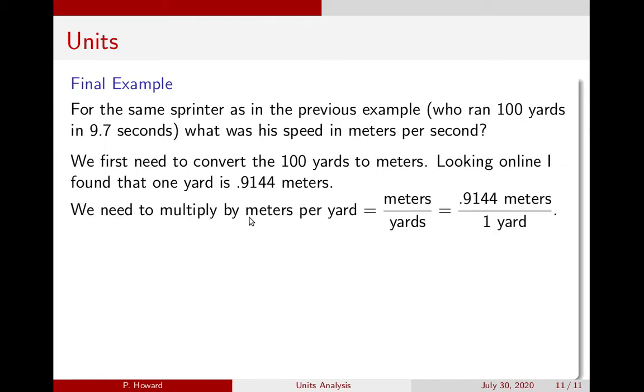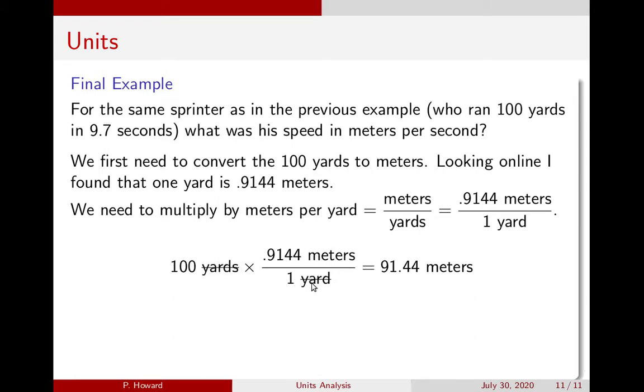And we need to multiply the distance in yards by the ratio of meters to yards so that the yards will cancel. So the ratio of meters to yards, 0.9144 meters to 1 yard. And now the calculation, 100 yards multiplied by 0.9144 meters per yard.